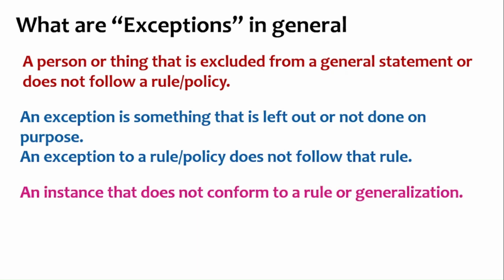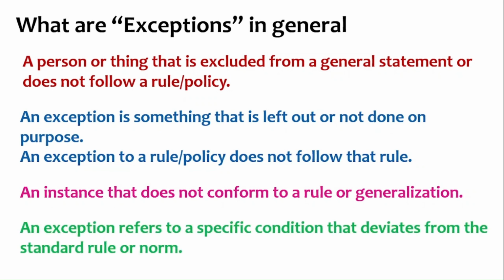An instance that does not conform to a rule or generalization, and an exception refers to a specific condition that deviates from the standard rule or norm. So this is a bookish definition of exception.